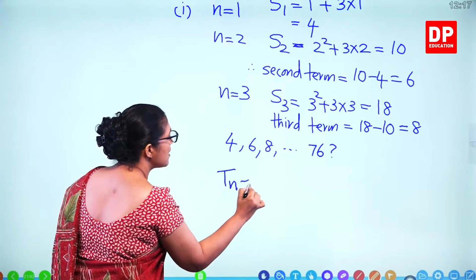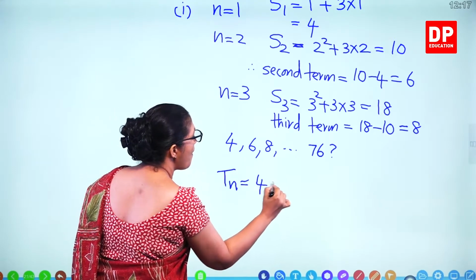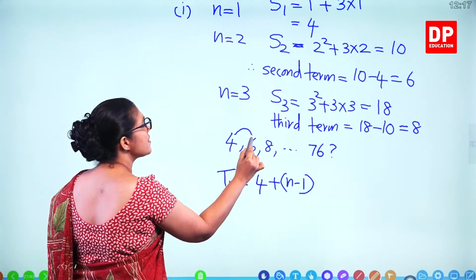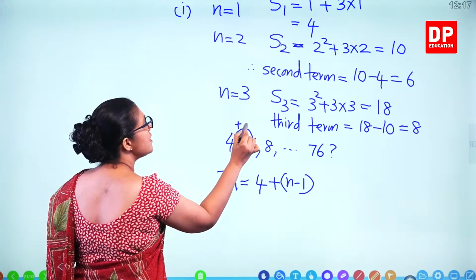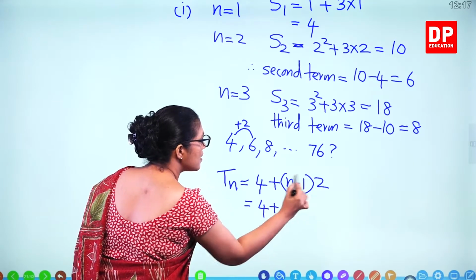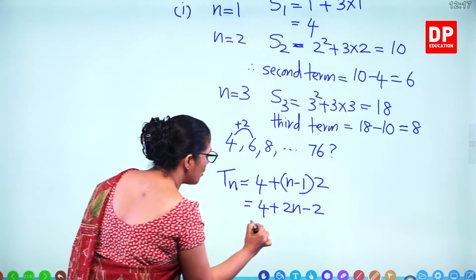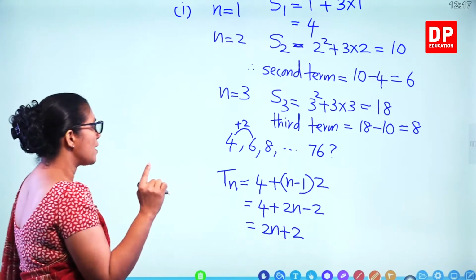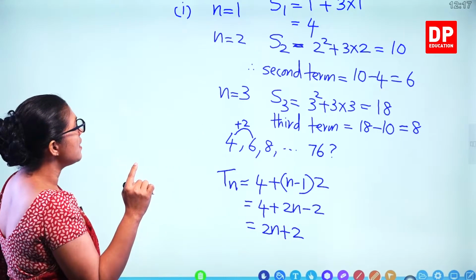Tn equals first term 4 plus (n minus 1)d. What's the difference? 6 minus 4, that's 2. So the general term is 4 plus 2n minus 2. You get 2n plus 2. 2n plus 2 is the general term.